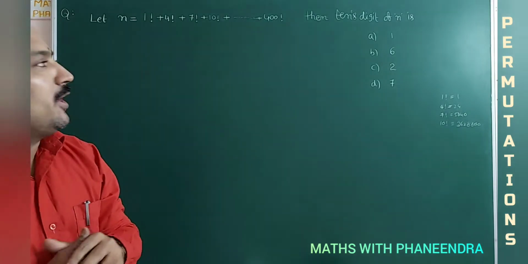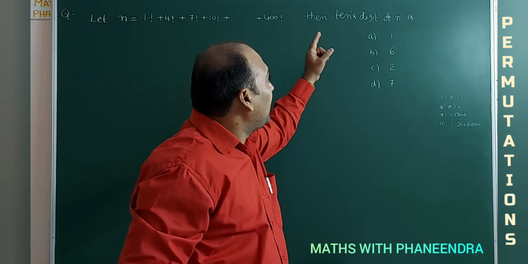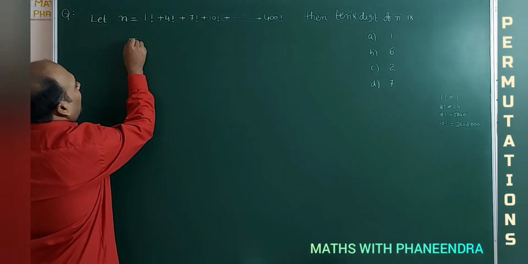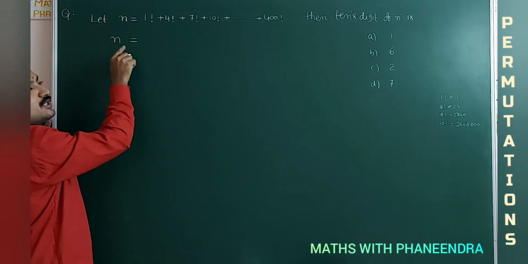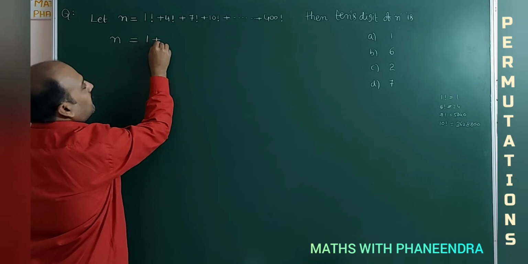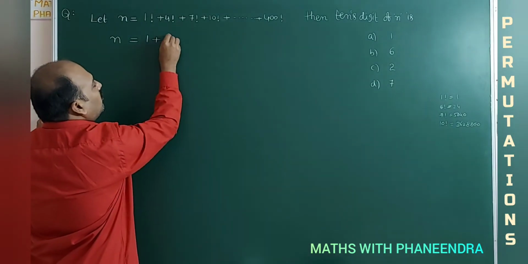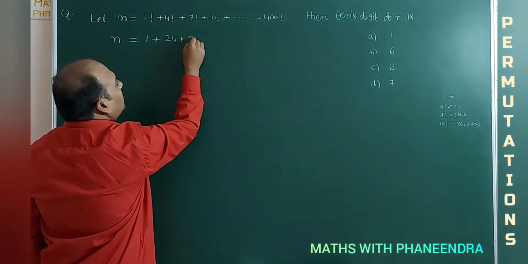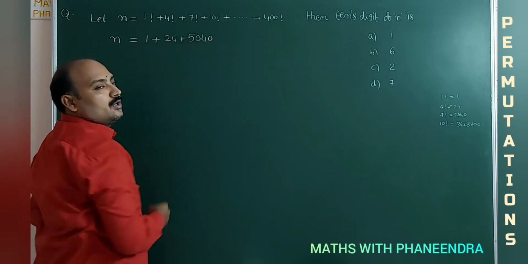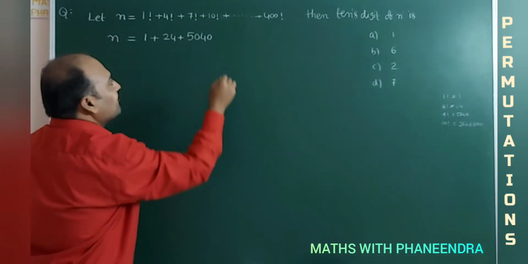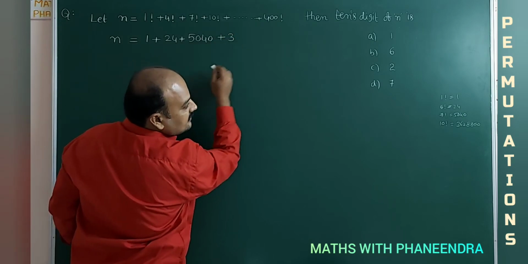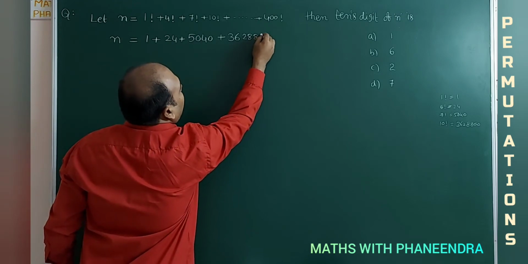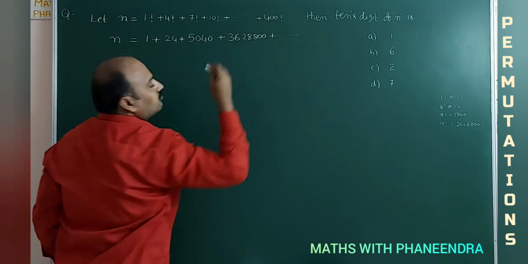Here only observe carefully. They are asking the tens digit of n. 1 factorial means 1, 4 factorial means 24, plus 7 factorial means 5040, 10 factorial value is 36 lakhs 28,800, plus and so on.